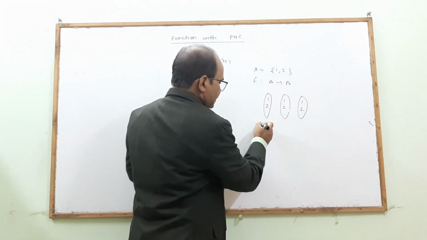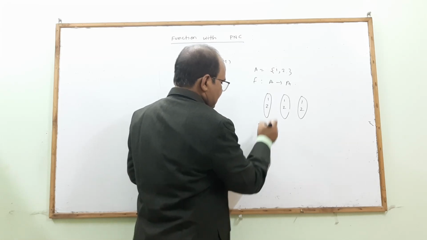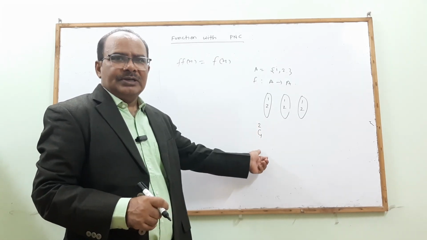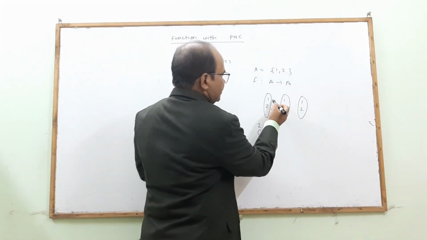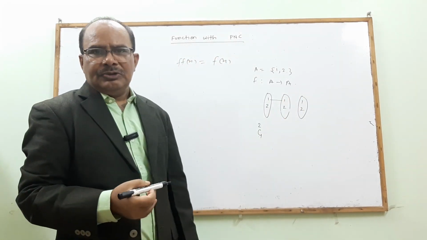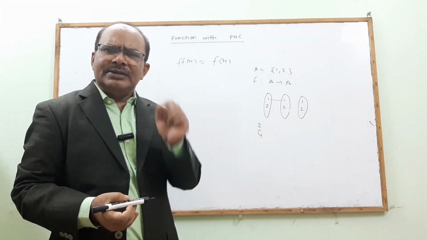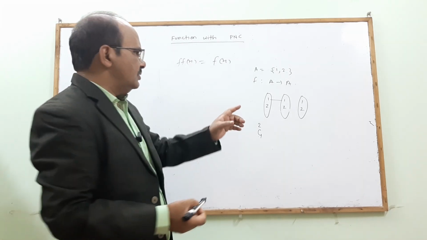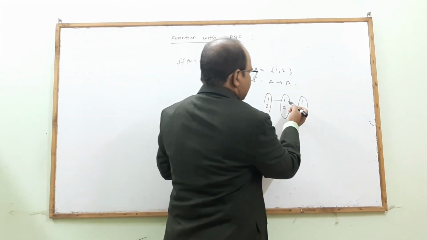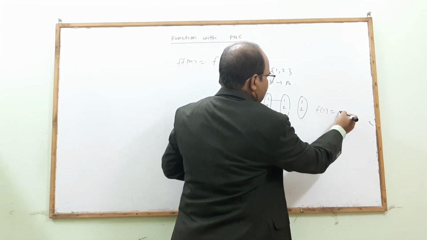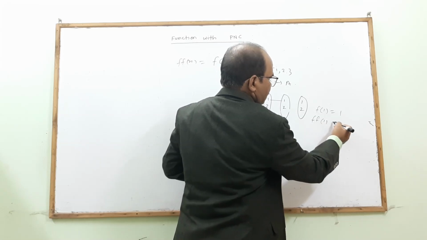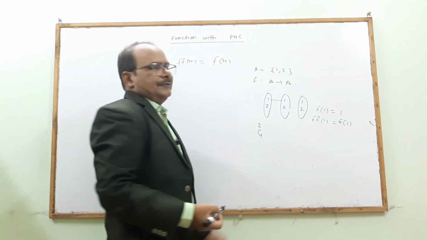This can be taken like a selection of one element from two elements. Just observe, one is selected and one is mapped to 1 because there is only one element in the range. Then we write f(1) is equal to 1 and f of f(1) will be f(1).